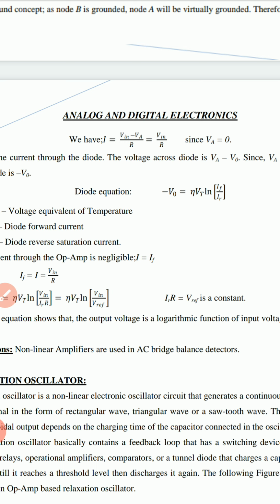To achieve that non-linearity, we connect a PN junction diode in the feedback path. We have to find the voltage at that resistor and those points, and you should remember these expressions from the examination point of view.